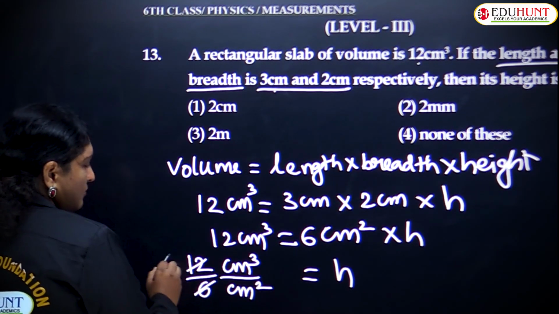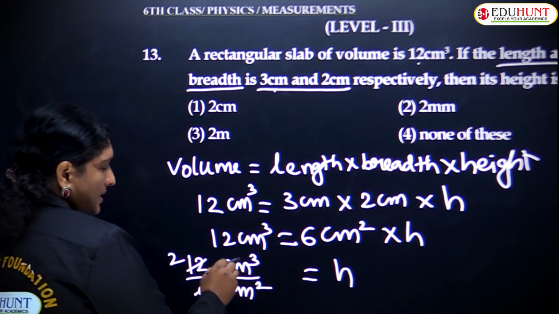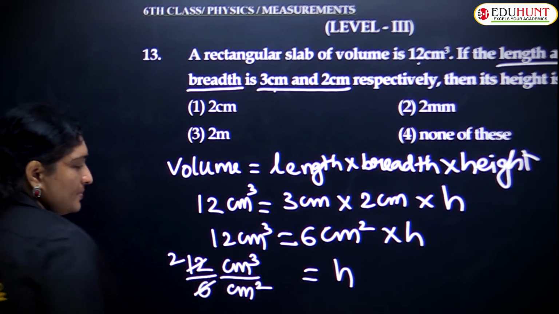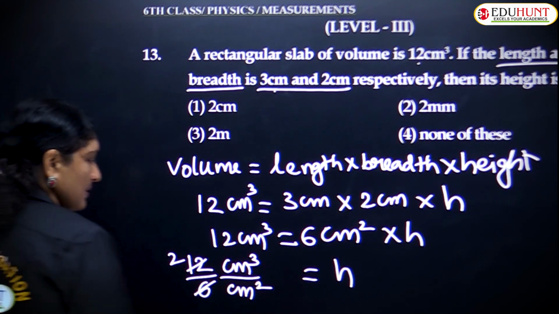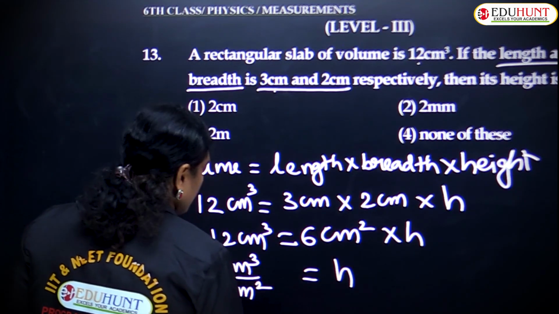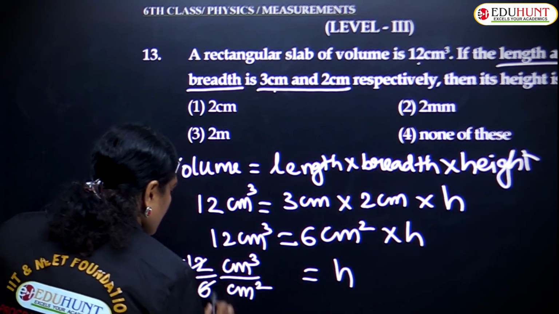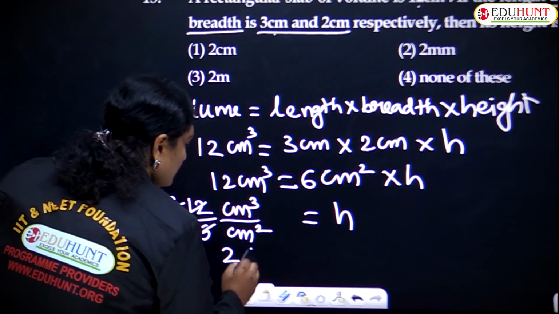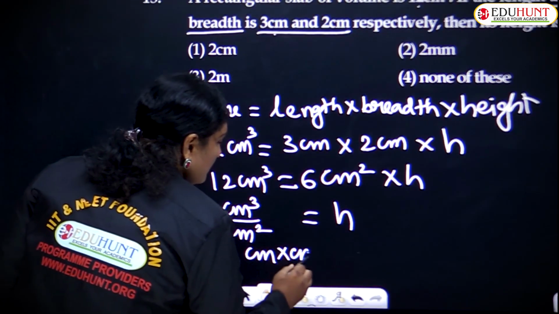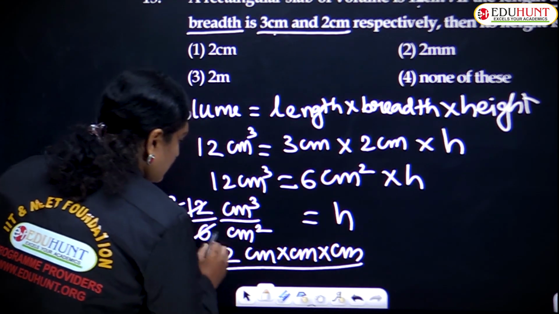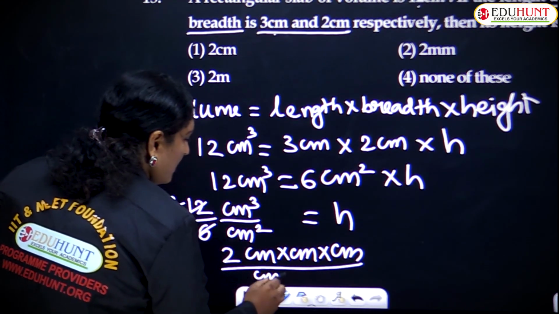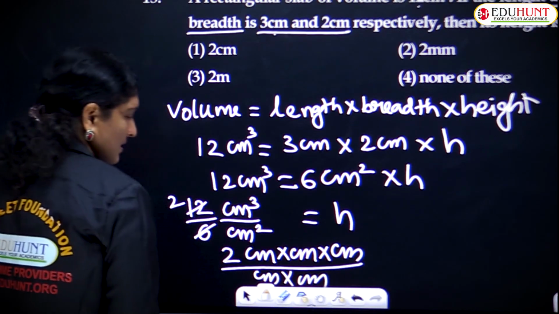6 cancels out by 2 times. So, here, how many centimeters are there? 3. Here, 2. But still, let me write it to make you better understand. So, this is 2 centimeter into centimeter into centimeter divided by centimeter square, and centimeter square means centimeter into centimeter.